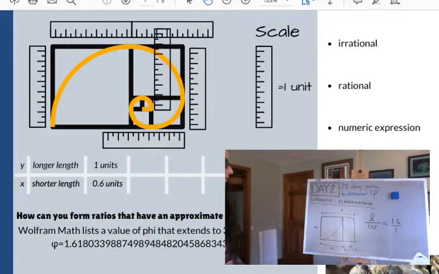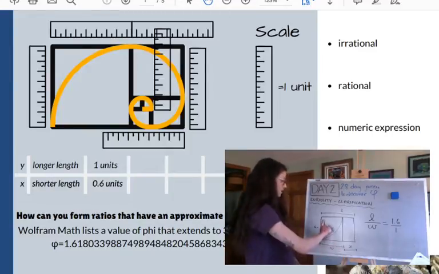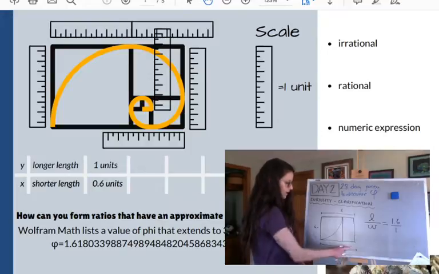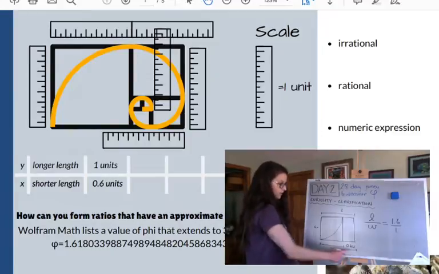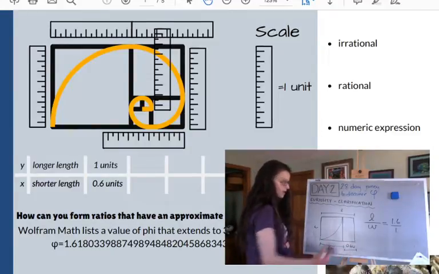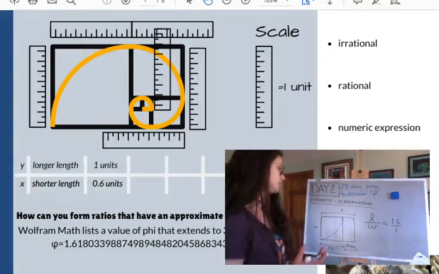And I know that because if I'm considering the width to be our unit, then the width is 1, and instead of x I can just write 60% of the width: 1 width plus 60% of the width. Combining like terms, I add the coefficients, 1 plus 6/10 is 1.6.